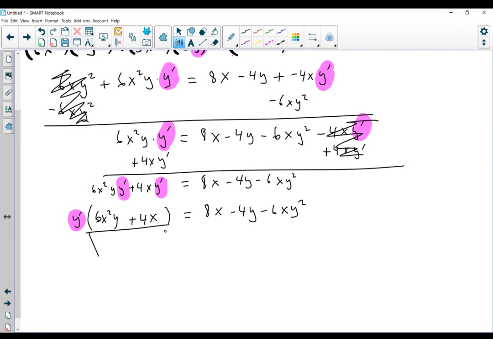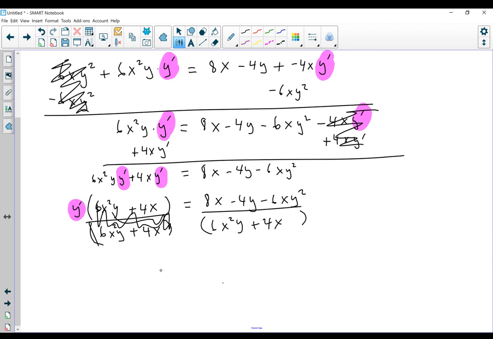Now we can divide by this quantity, 6x squared y plus 4x. That's it. This divides out. So I kind of see what my answer is, but I'll rewrite it anyway. Y prime is the quantity of 8x minus 4y minus 6xy squared, all over 6x squared y plus 4x.